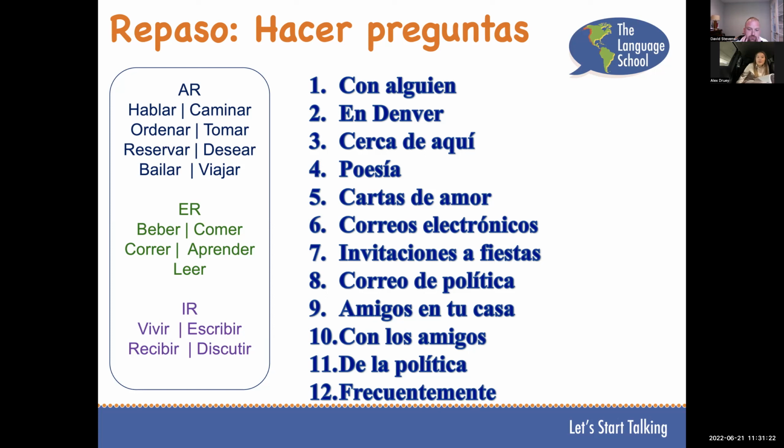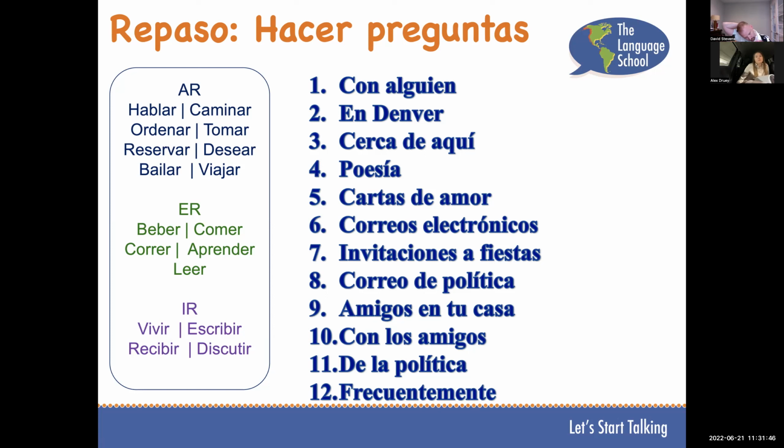¿Aprendes correo? Oh, wrong question. ¿Vives amigos en tu casa? So for that one, you're missing a little something. That would work for number 10, vives con los amigos, which means with your friends. But amigos en tu casa, you couldn't say, do you live friends in your house?